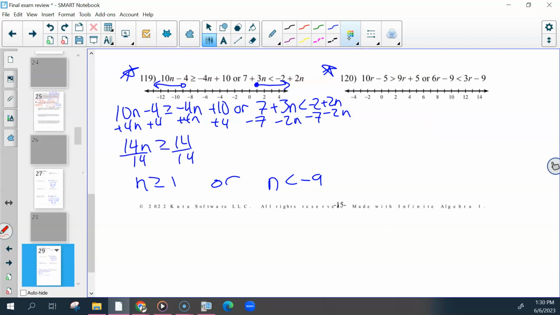Okay, I'm going to rewrite that one as well, and do the same thing. One side, solve that, then do the other. I could subtract 9r and add 5.